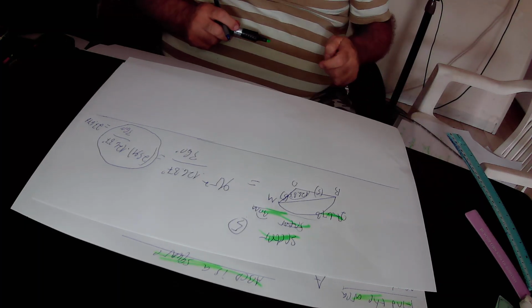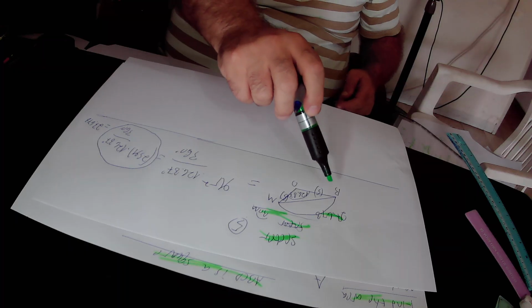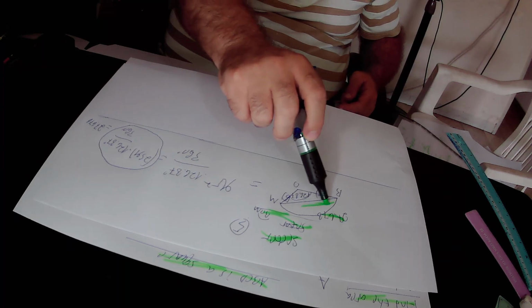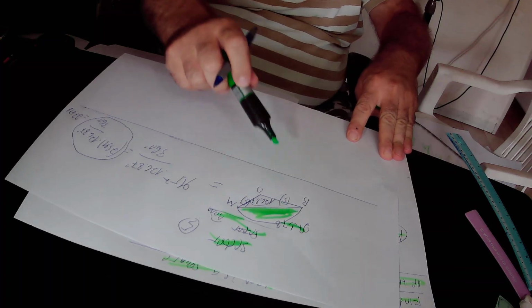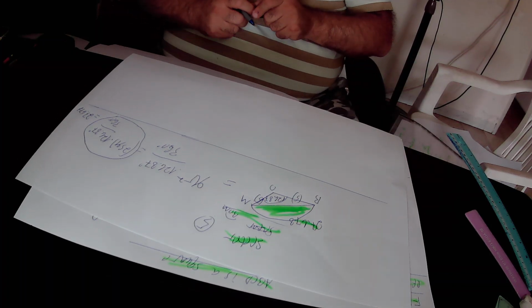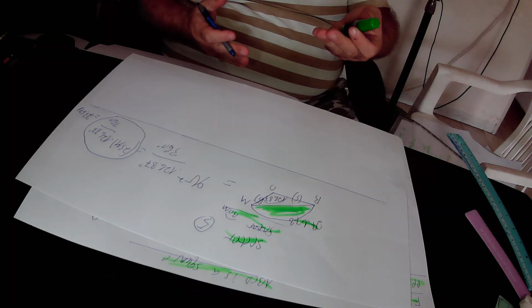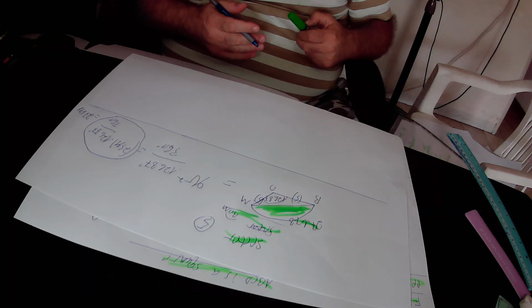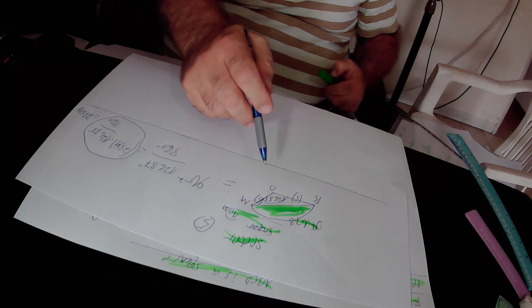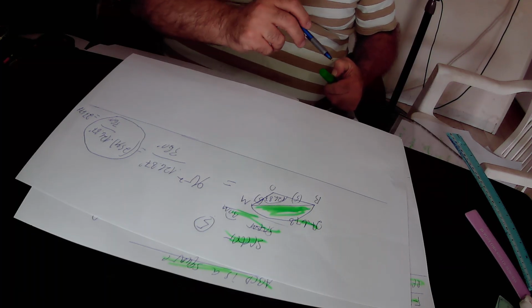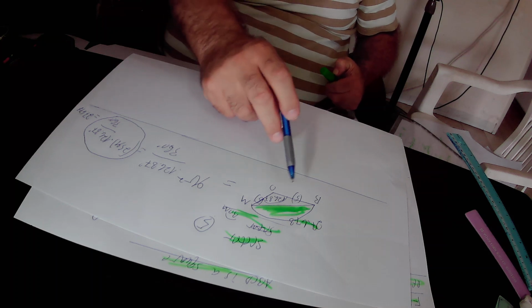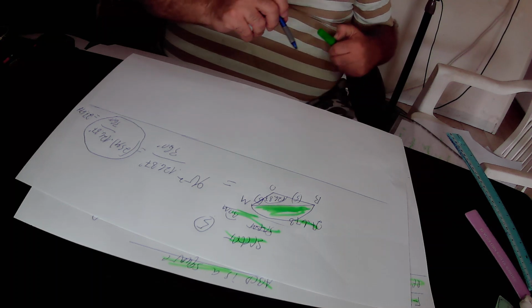Our task is to find the area of this upper segment BUM. So what is the area of this upper segment BUM? Actually, it is very easy to see from the drawing that if you remove this triangle BOM from the sector BOM, you will get the green segment BUM.